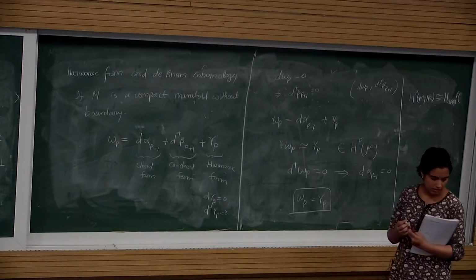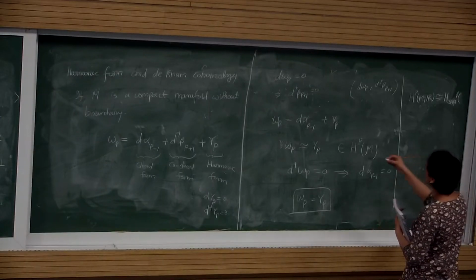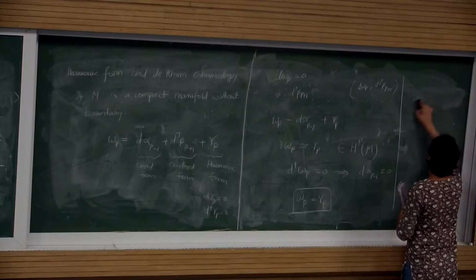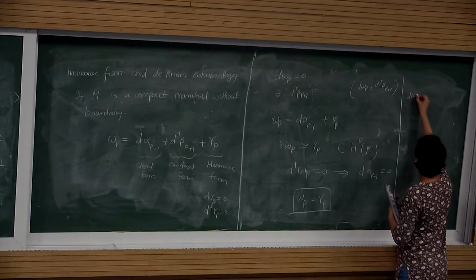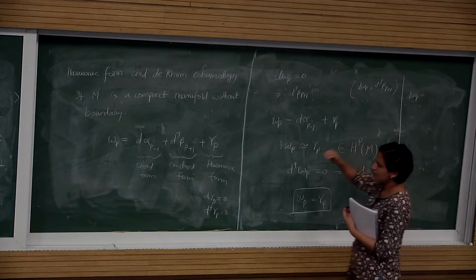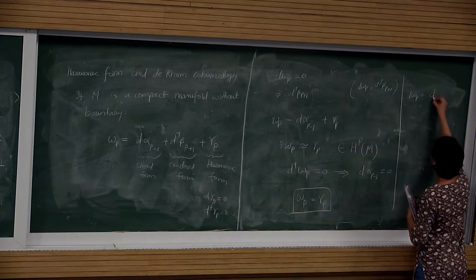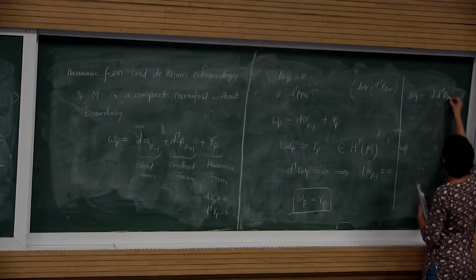Then how do you get that d dagger is 0? Let me write it here. So if we take d omega p, that means this is 0, this is 0. We are left with d of d dagger of beta p plus 1.